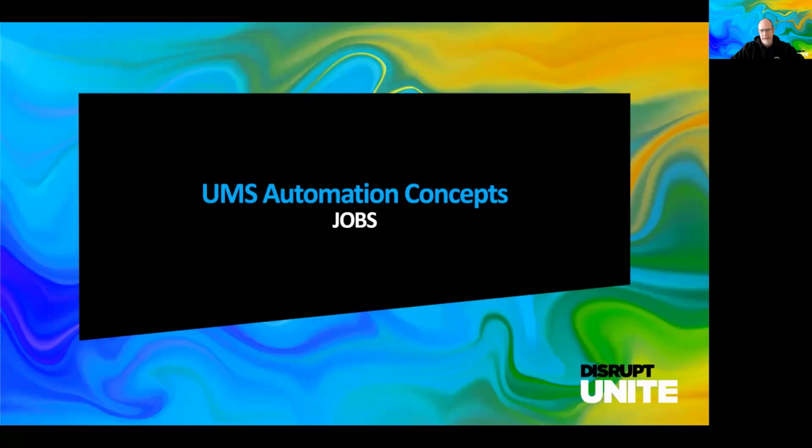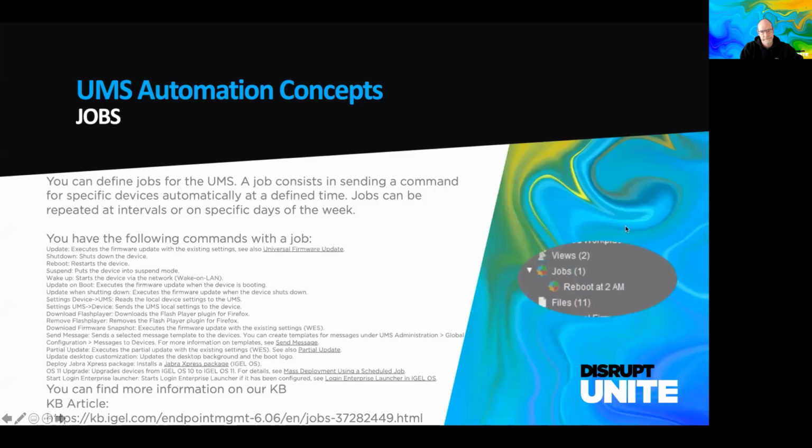Okay, as I promised, let's talk about jobs and views. So on this slide is the technical definition that is listed on our KB article for jobs. And I also gave you the URL down at the bottom in case you want to go explore what we have on jobs.